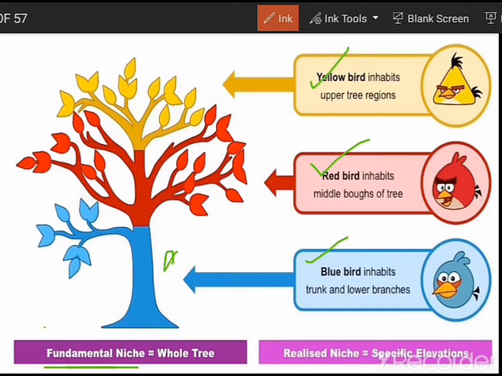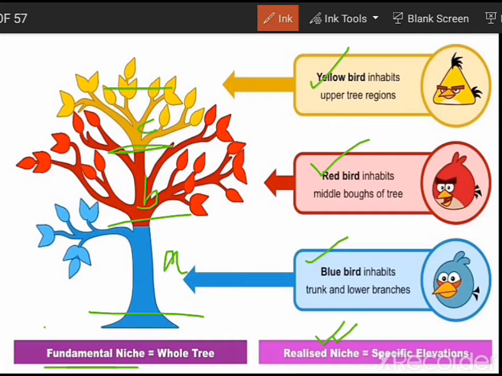Let us call them part A, part B, and part C. So these A, B, and C are the separate realized niches. Now these regions A, B and C are present at certain elevations, right? The height at which A is present is different from the height at which B is present and the height at which C is present. So we can see that the realized niche has specific elevations.